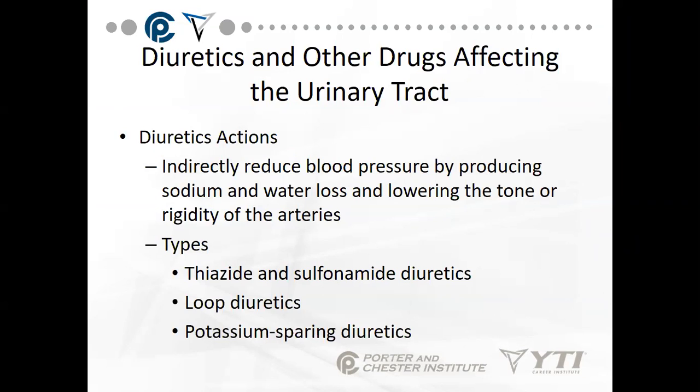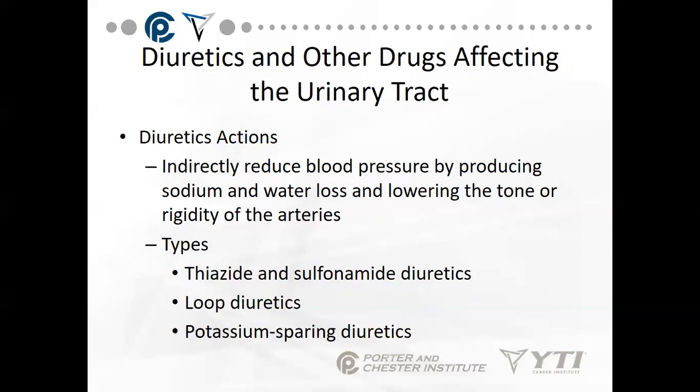But drugs that affect the renal and urinary system. So you have your renal slash urinary system, and you should know how that works. You want to do an overview of how that whole system works.